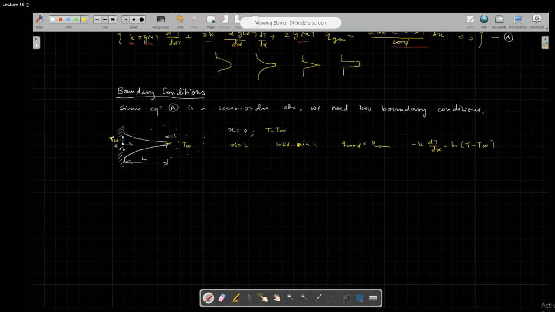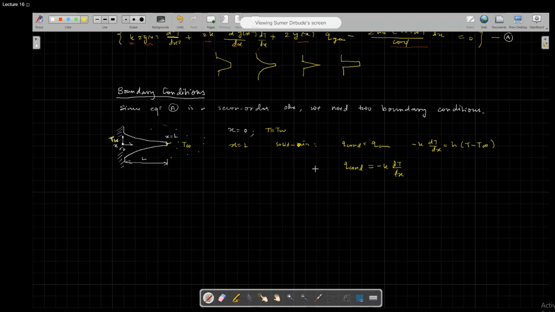Also, it may be that heat conduction is specified. So Q conduction may be specified. In that case, no need to consider the balance. If the value of heat flux is specified, then you can write K dT/dx equal to that value.